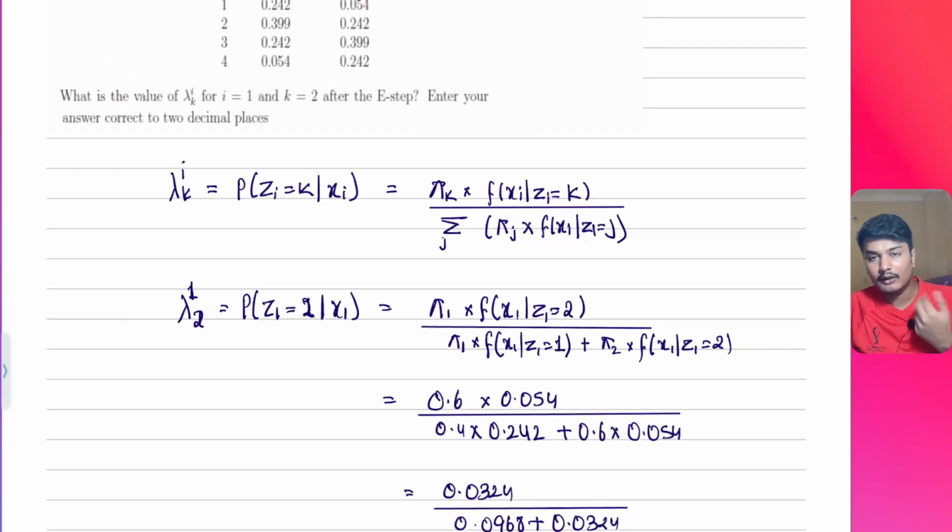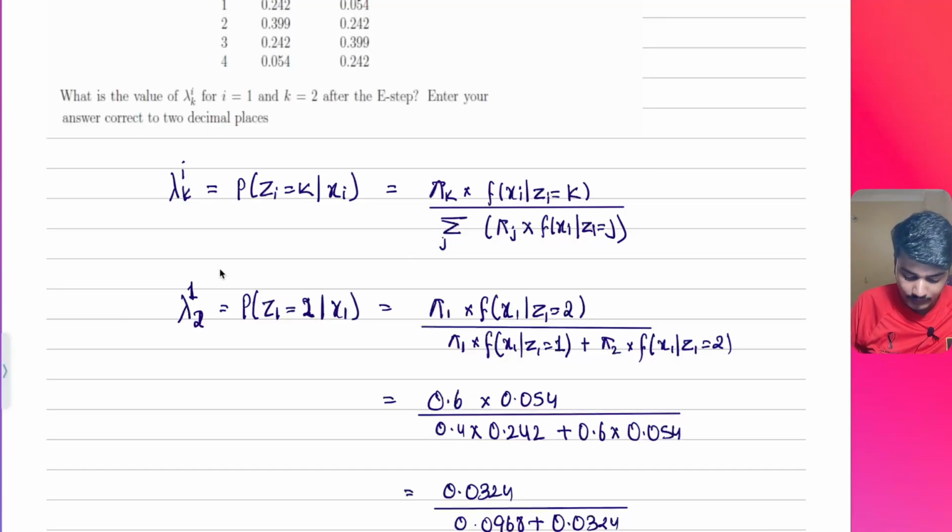So the formula of lambda ik is nothing but the probability of z to be k given xi. That is also equal to pi k into f of xi given z equals k, upon the summation over all j of pi j into f of xi given z equals j. Here z is from 1 or 2, as in this case there are 2.